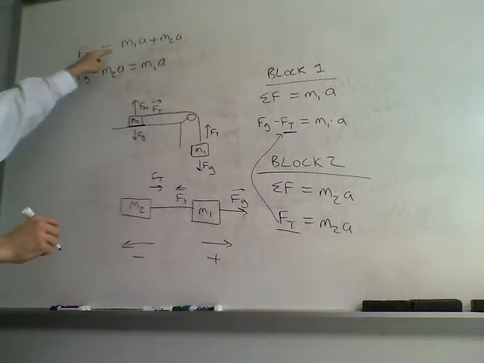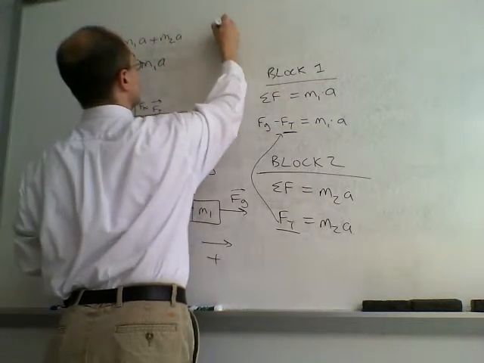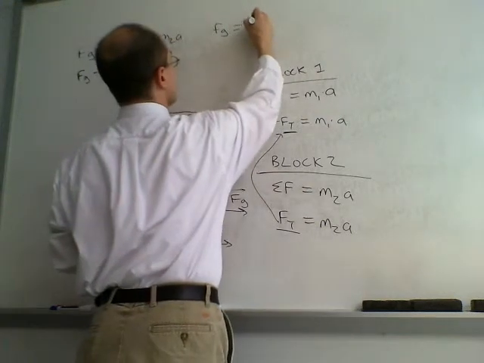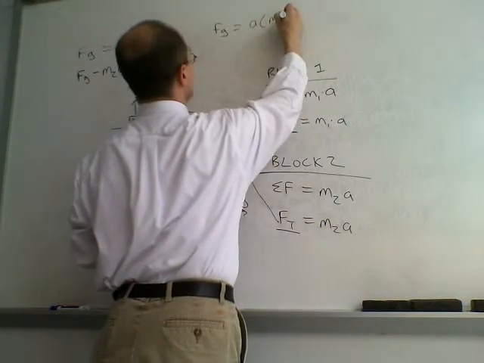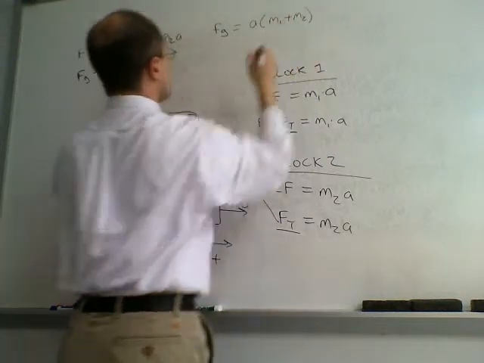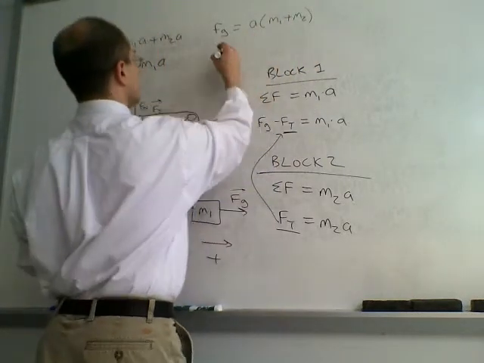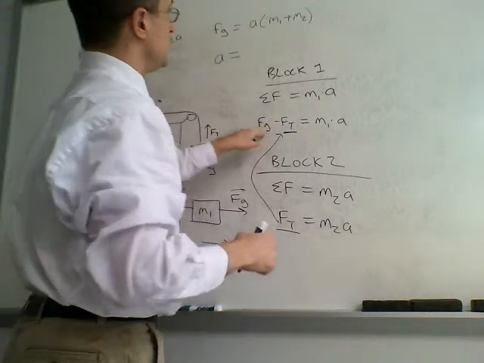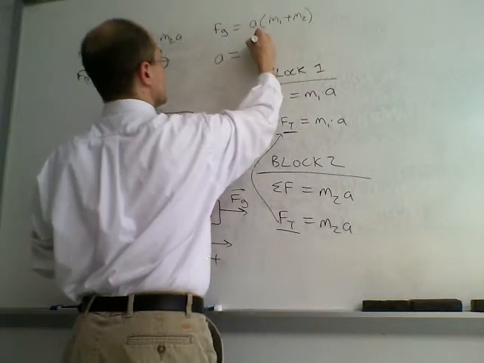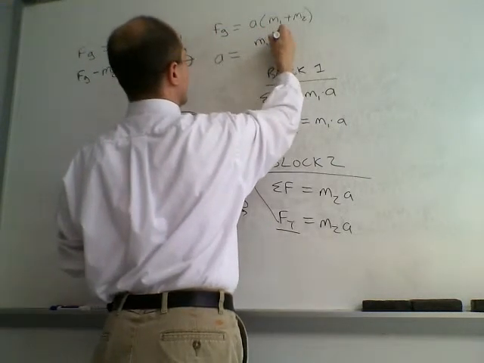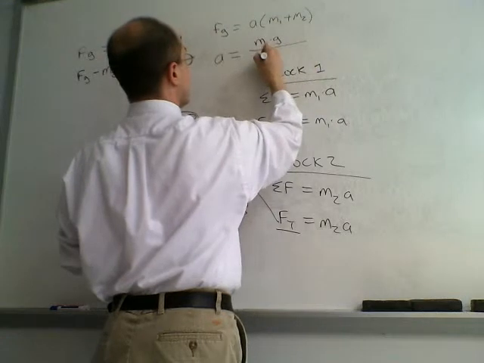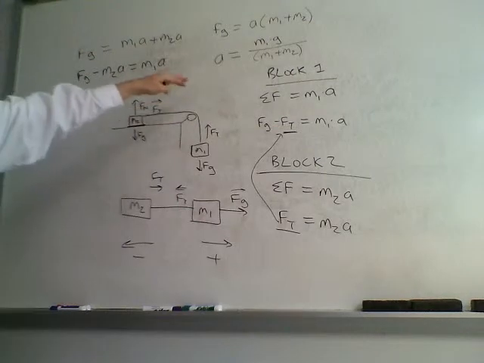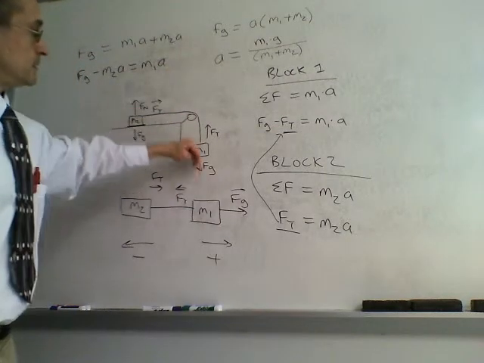And so when we have m1a plus m2a, the force of gravity is going to equal a times m1 plus m2. So when we want to find the acceleration of our combined system, a, in this case Fg is related to block 1, so it's just the mass of block 1 times gravity divided by m1 plus m2.